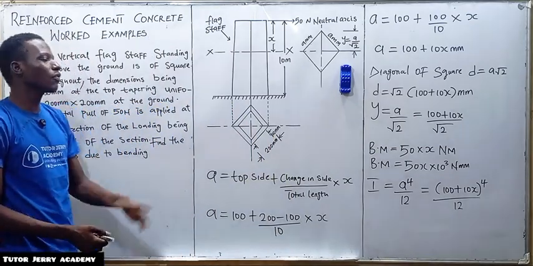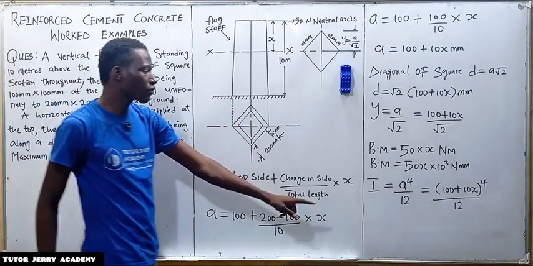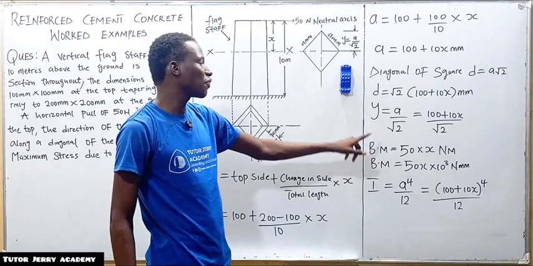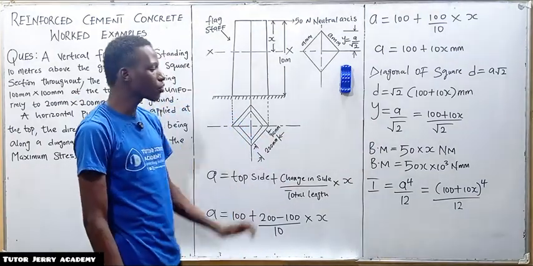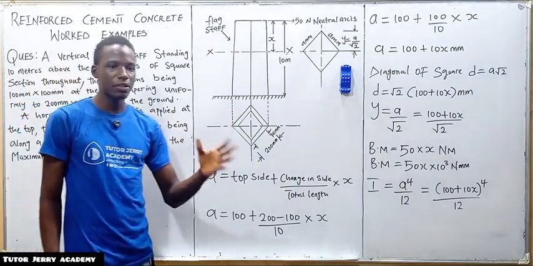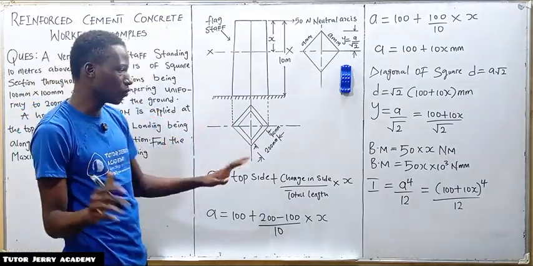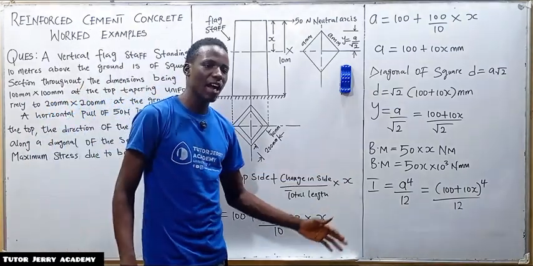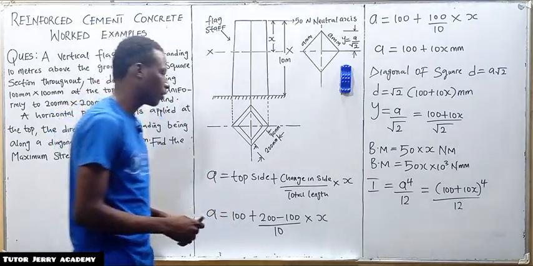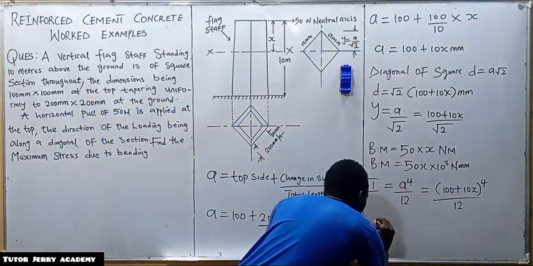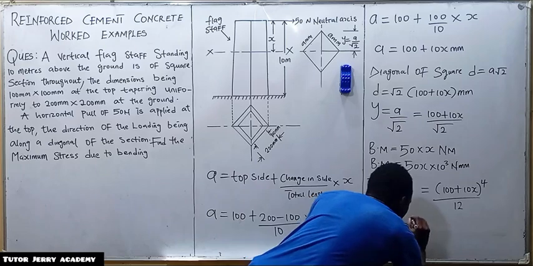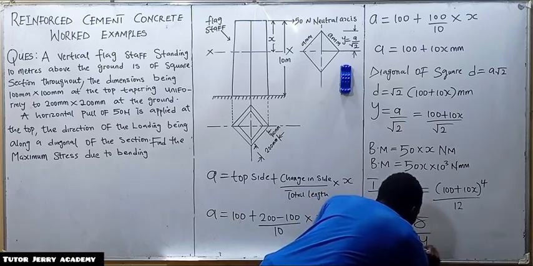Now from what we have on the board, you can see that we have the value for I, the value for bending moment M, and the value for y. So we are going to recall our formula from the theory of bending, or bending stresses in the beam. We know that M over I is equal to sigma over y.